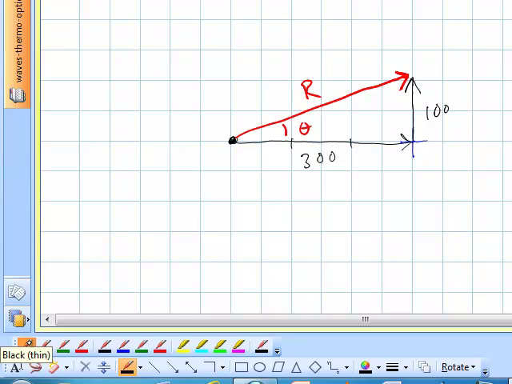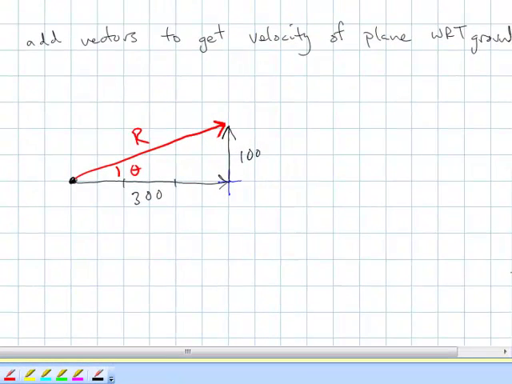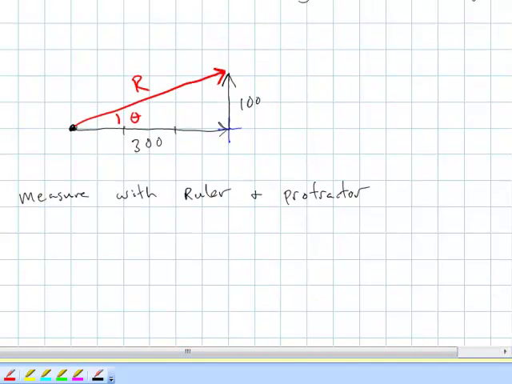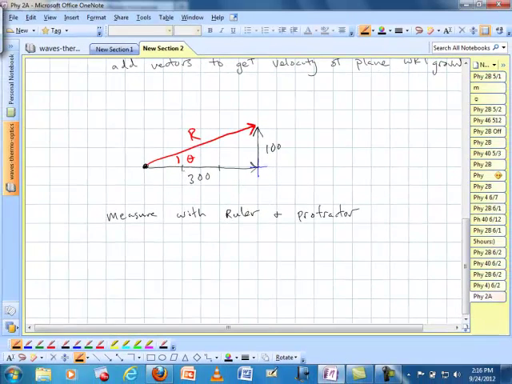And that gives us a rough idea of what those values are. Okay? So you could actually measure these, right? But we know how to get the exact answer because this is a right triangle.